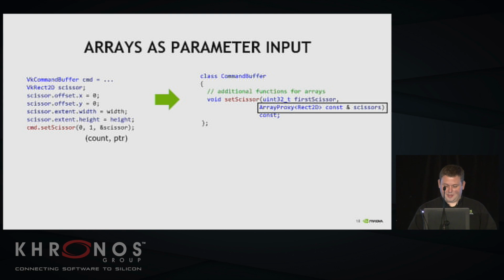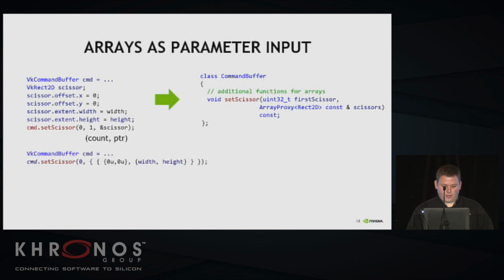We were thinking, okay, is there a way to detect all places where you have to pass arrays? And yes, the Vulkan spec is verbose enough to tell us those locations. So we added an intermediate object, an ArrayProxy, which takes all kinds of arrays and just passes them over, so that you can write something like this instead of the code above.